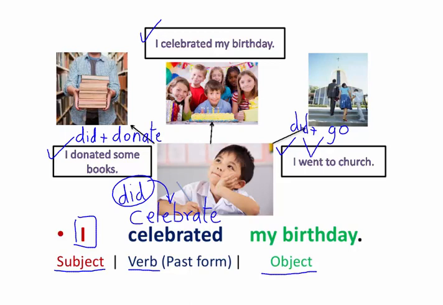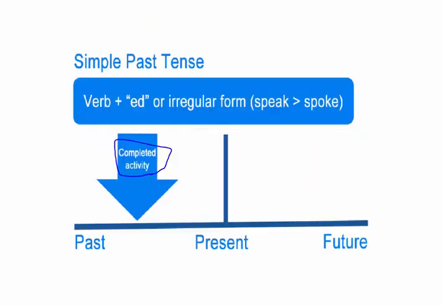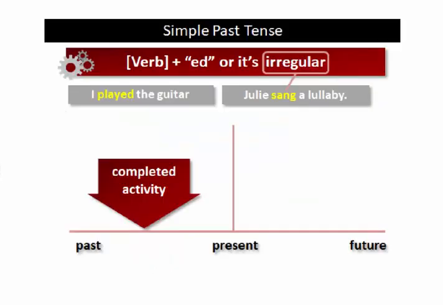His birthday was in March, so that is a completed activity, right? Now this is in August, this is in March, right? So this is the completed activity.